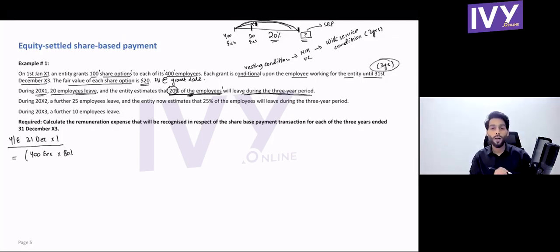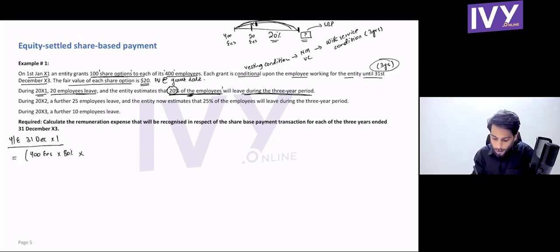So I took 400 employees, 80% employees it's estimated that they will stay, and I'm going to be obliged to them. How am I going to be obliged to them? 400 employees, 80% will be eligible. Each one will have 100 share options in hand.